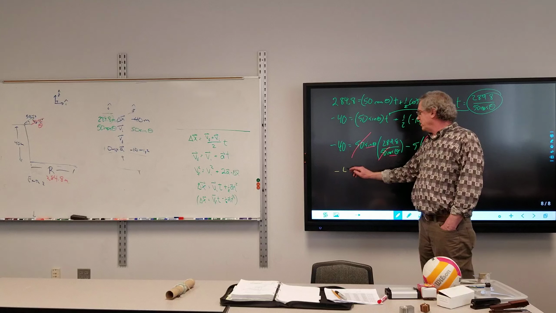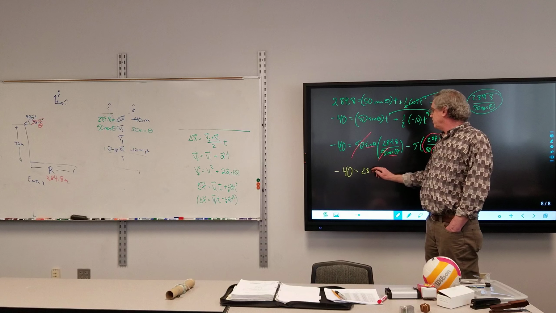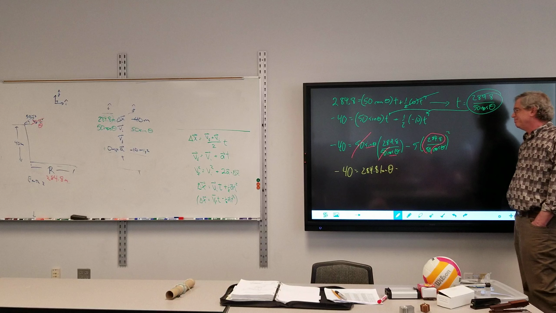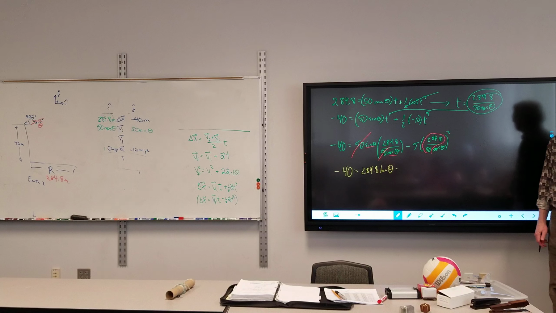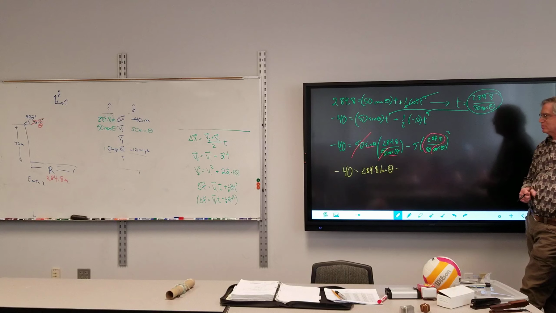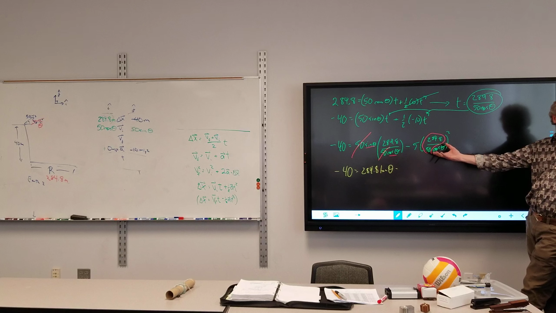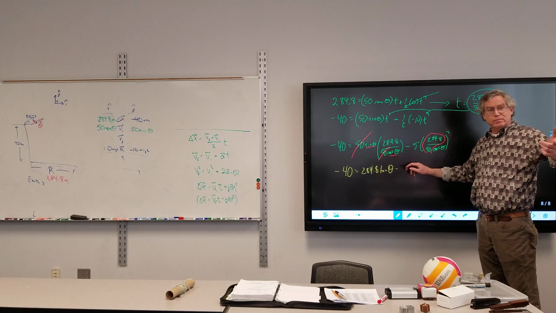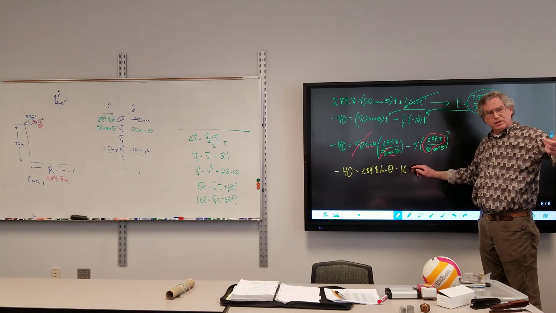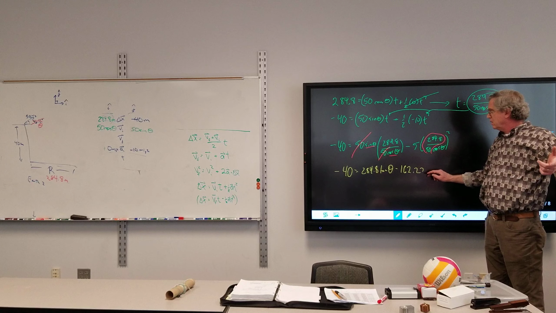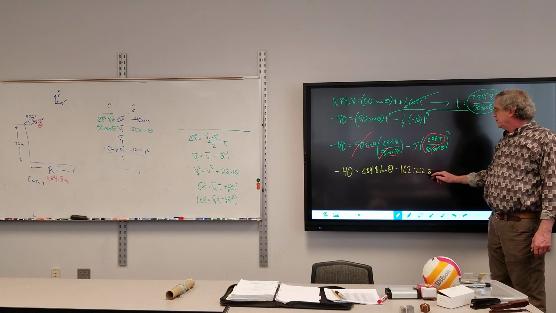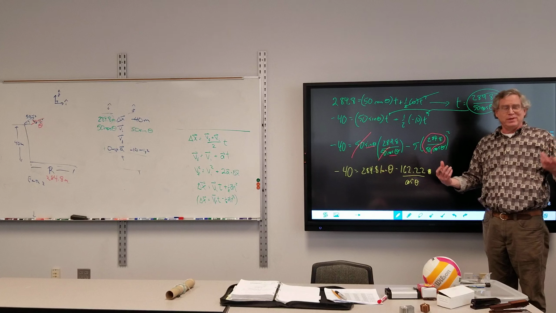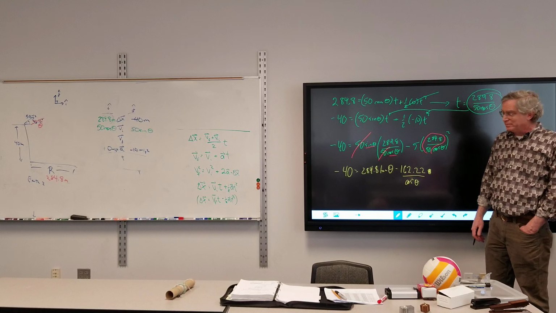I'm left with negative 40 equals 284.8 tangent of theta minus 162.22 times 1 over cosine squared theta, which all of us know is the same as secant squared theta.